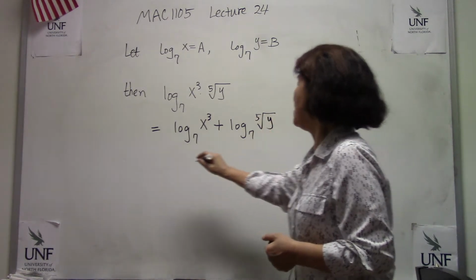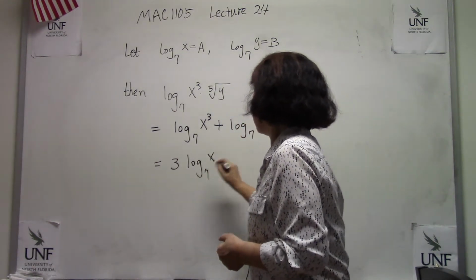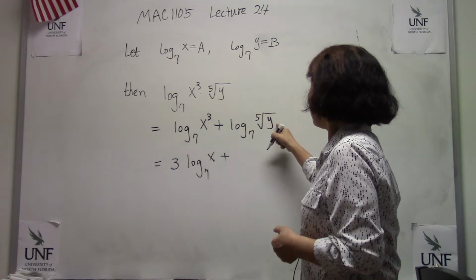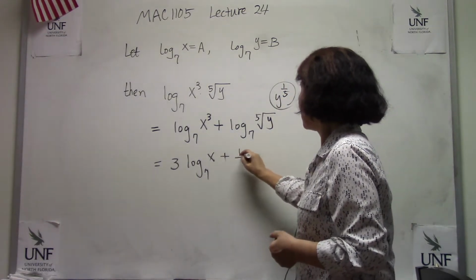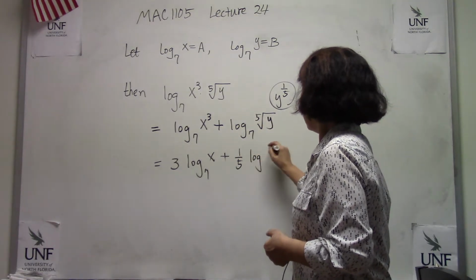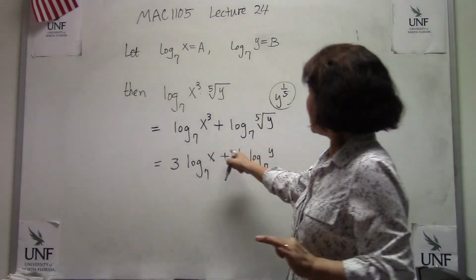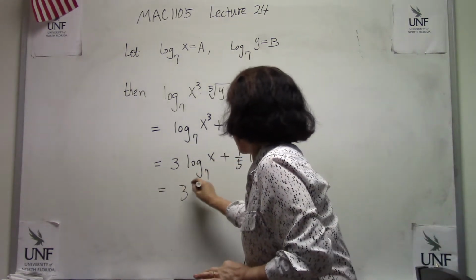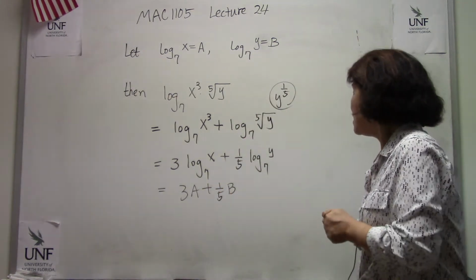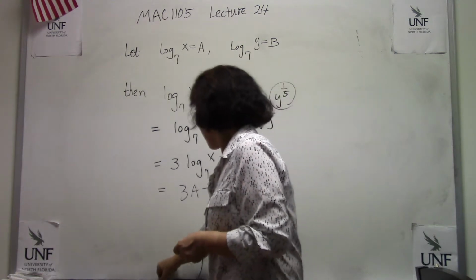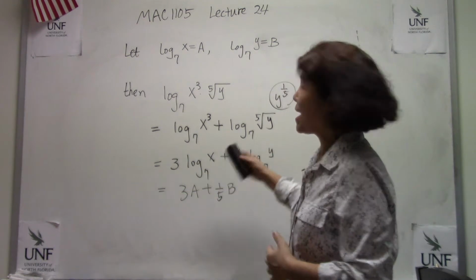This is 3 times log x to base 7, and y is to the 1/5 power, so therefore you can say 1/5 times log y to base 7. Once you write it this way, we can say that this is 3a plus 1/5 times b. This is going to be a pretty common case just to check your knowledge of how to rewrite things.